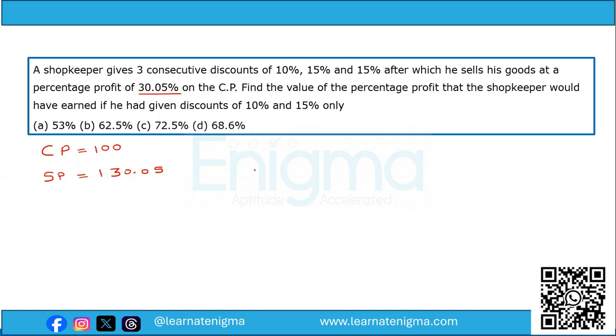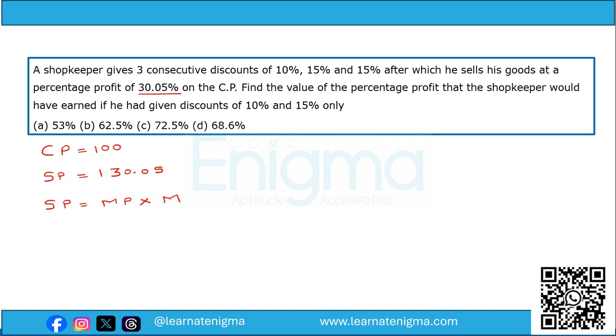Now, whenever discounts are there and you are given selling price, that means the discounts are applied on the marked price. To get that, we can use the formula selling price is equal to marked price into multiplier.